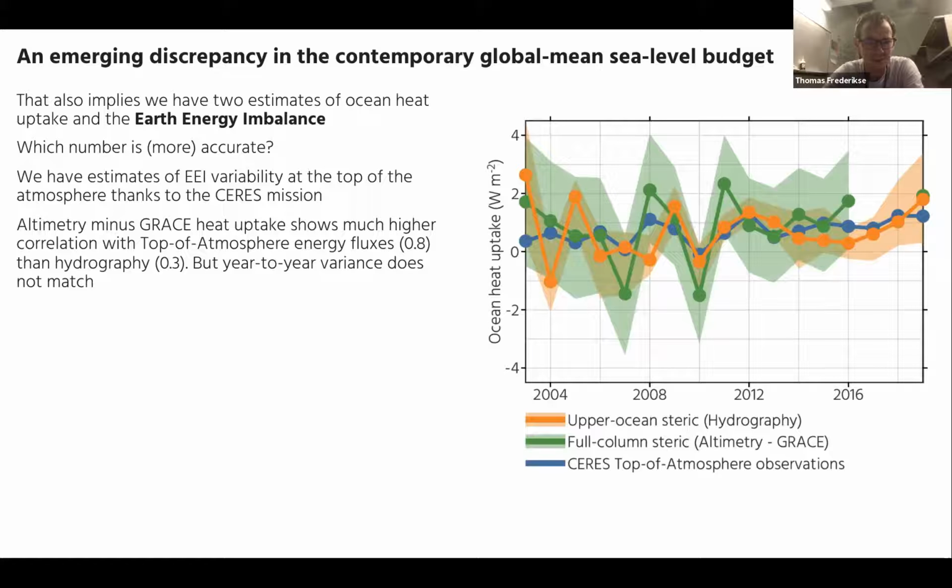While hydrography does not really correlate very well with the top of atmosphere energy flux, our GRACE estimate does, with 0.8, which is very high. But again, the variability, the size of the standard deviation, just doesn't match up. It correlates very well.